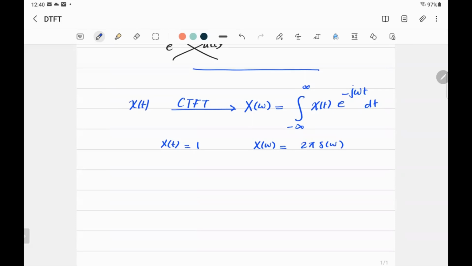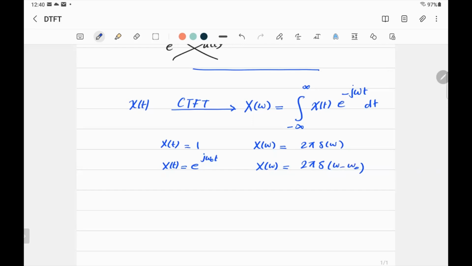If the function equals e to the power of j omega naught t, then the corresponding frequency equals 2 pi delta omega minus omega naught.